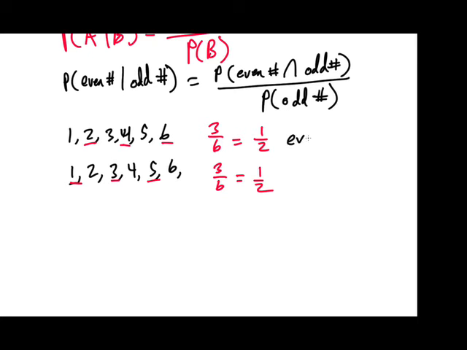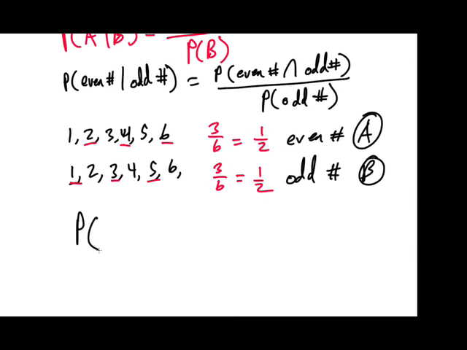This was for the even number, or event A, and odd number, which is our event B. So now we're just going to have to use our formula. So the probability that if the even number happens first, then what's the probability that you'll get an odd number on the dice.